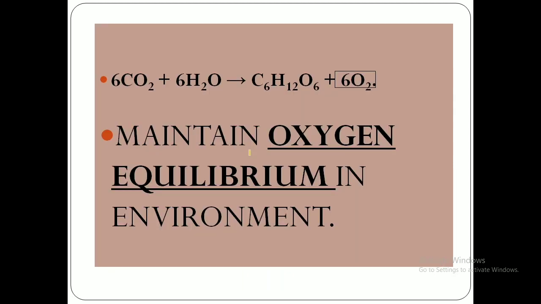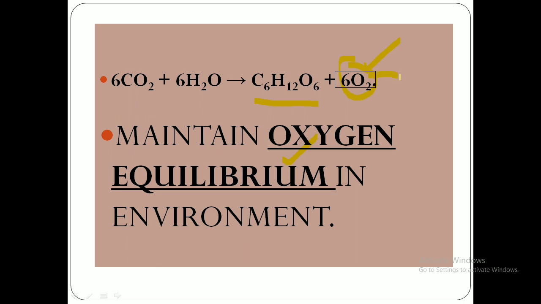The next, very important role that photosynthesis plays is that it maintains oxygen equilibrium in the environment. As we have seen in the photosynthesis equation, oxygen was also produced along with glucose, the 6-carbon molecule.